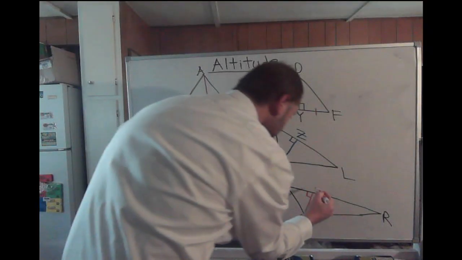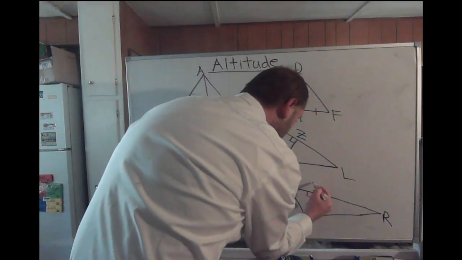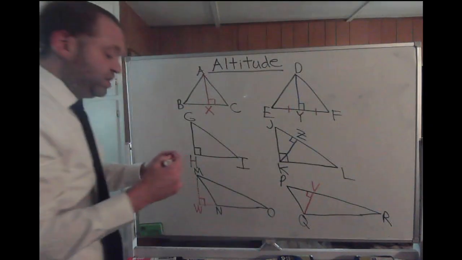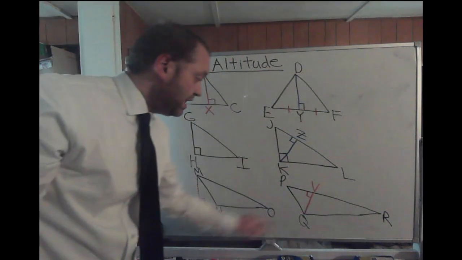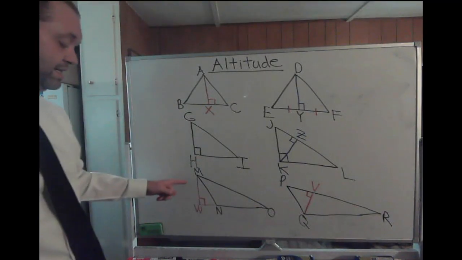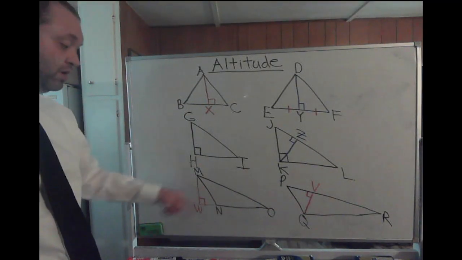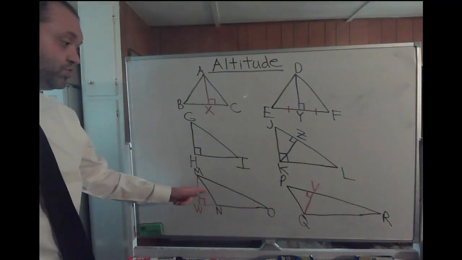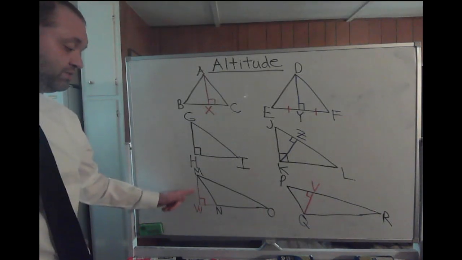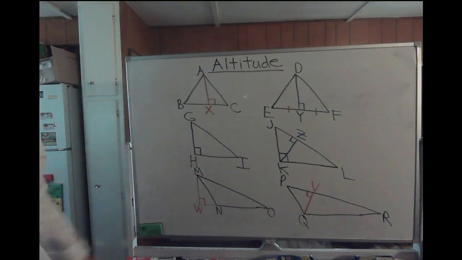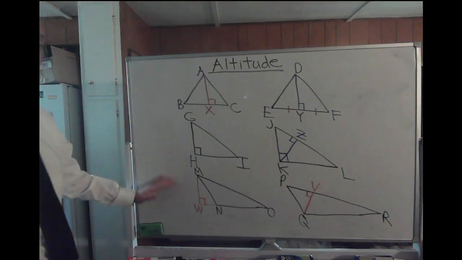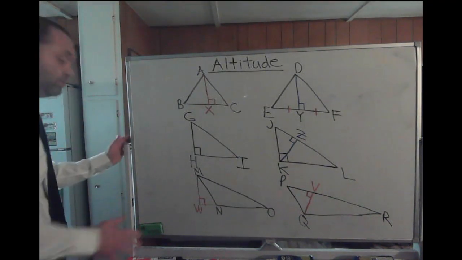We'll call this V. So QV could be the altitude of triangle PQR. You can have them inside the triangle, but in an obtuse triangle, you also, and often with an obtuse triangle, you want to get used to seeing the altitude outside of the triangle, forming its own right triangle. So these are all examples of altitudes of triangles.